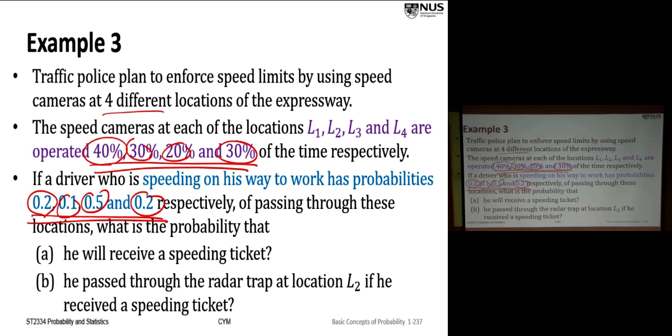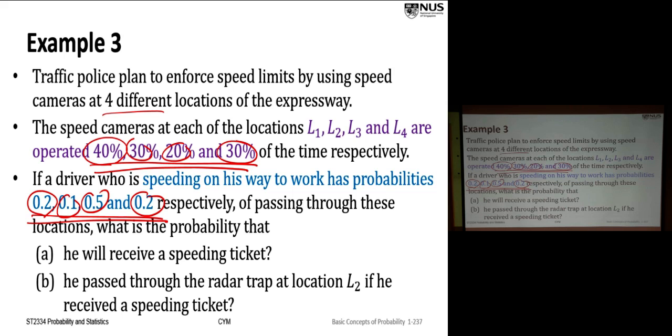Why? He is driving through this expressway, and we assume there are 4 different ways to pass through. They are not sequential. If they were sequential, it shouldn't add up to 1. So I can choose to pass from A to B, or drive from University to Orchard Road. I have many routes to go through.